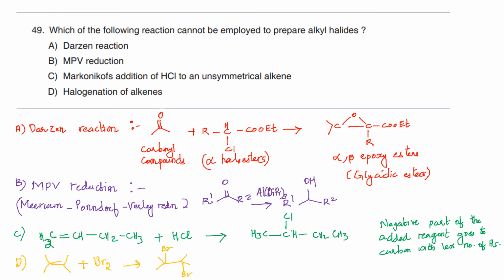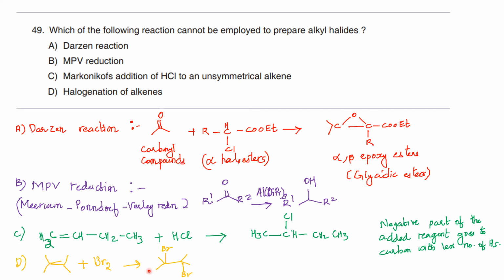The last option is actually halogenation of alkene. This can be considered as an example of halogenation of alkene, where you are reacting alkene with the bromine molecule. So it forms a trans product. Depending upon the halogen that you are using, you can get products of different stereochemistry. Otherwise, it is a general term, that is, halogenation of alkene.